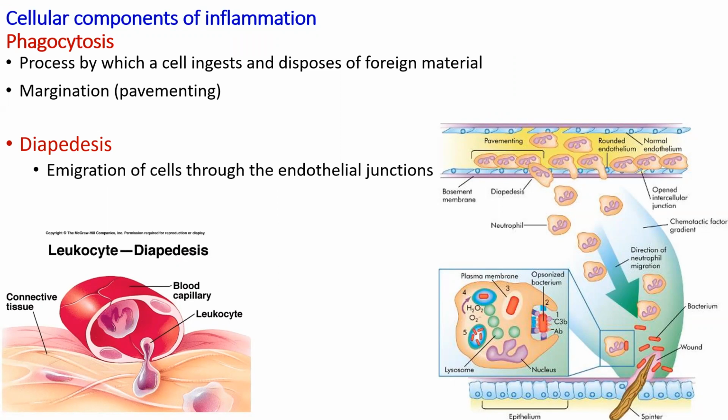And then diapedesis, which is the immigration of these cells through the endothelial junctions. So we can include some steps for phagocytosis, like adherence, engulfment, and then destruction of the target.